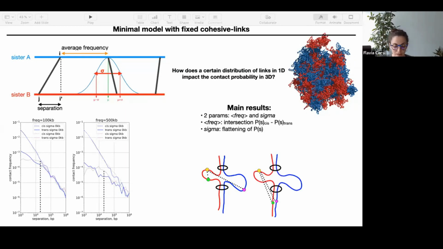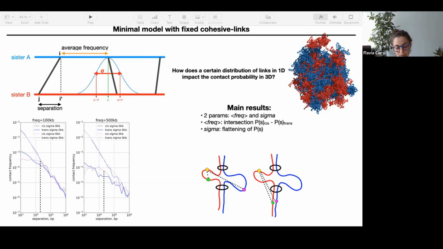Instead, when we change the average misalignment, we see how the trans-contact curves start presenting a plateau. And this means that contacts between positions closer than sigma will have the same probability, while contacts between positions that are farther apart with respect to sigma will have a smaller probability of contact.